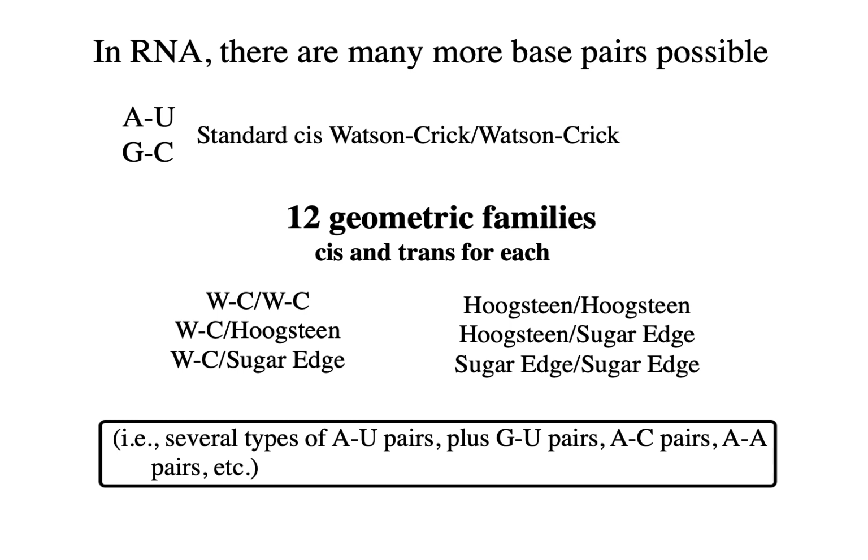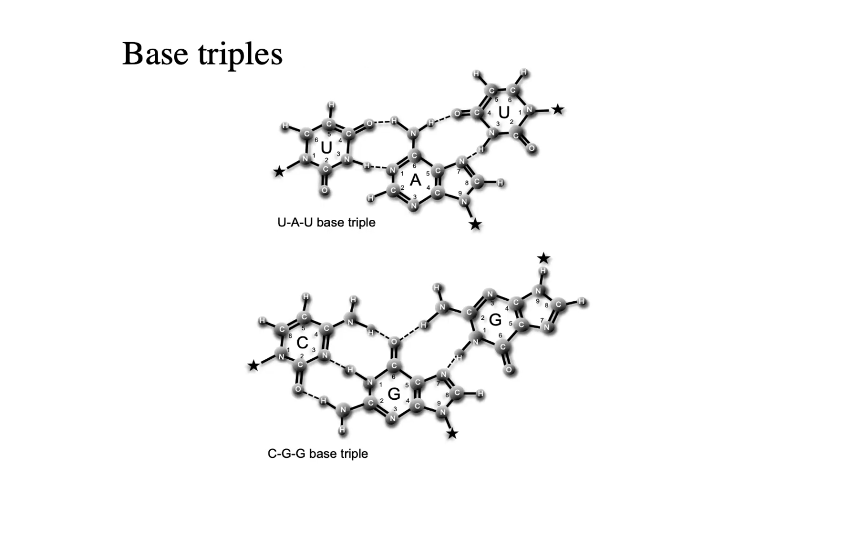Therefore, there are several AU pairs, several types of GU pairs, there are AC pairs, there are GG pairs, etc. So many different possibilities for RNA for joining the nucleotides together. And because you do have several edges with which to hydrogen bond to, base triples are possible, and they have been found in RNA.